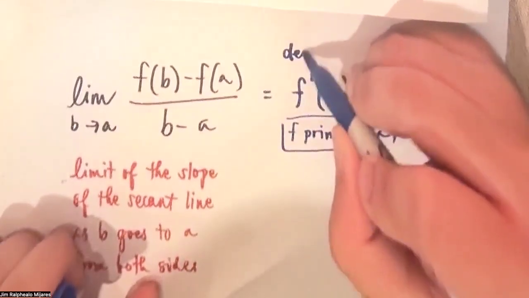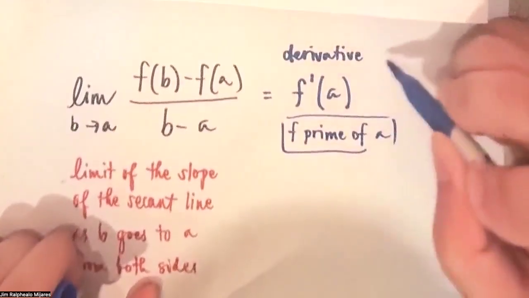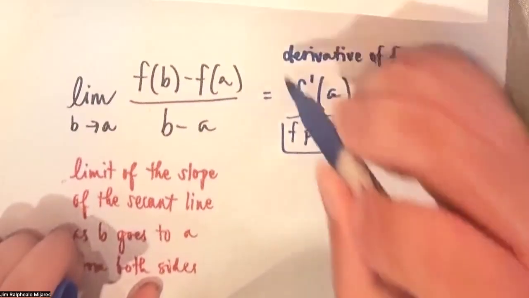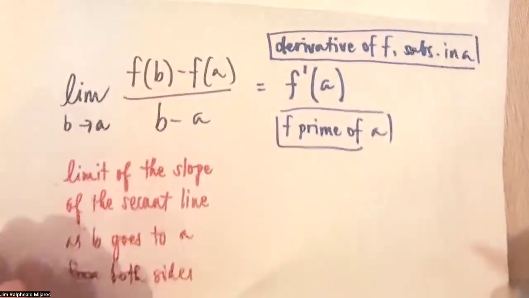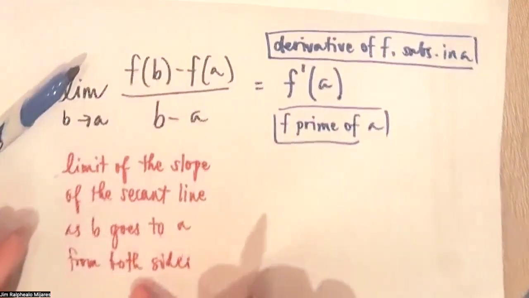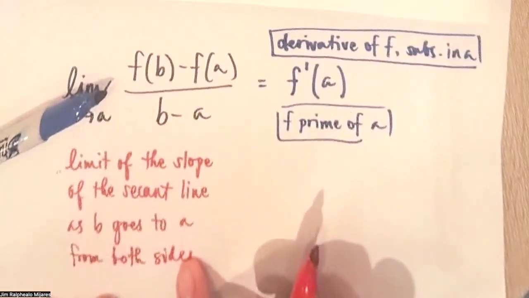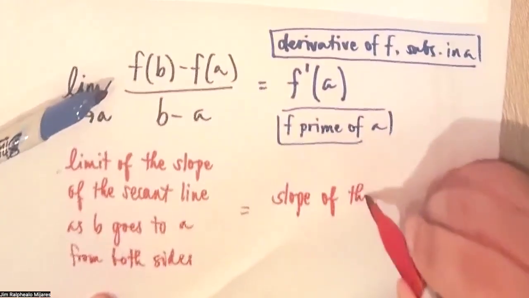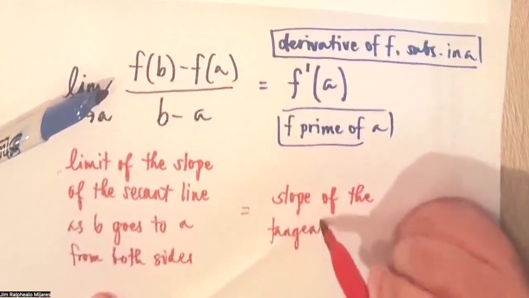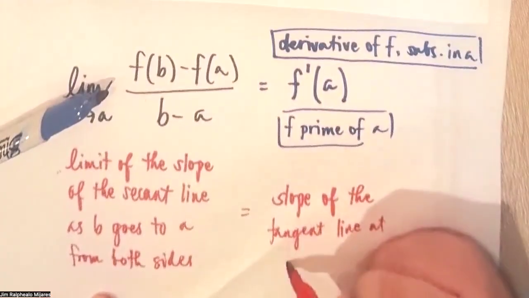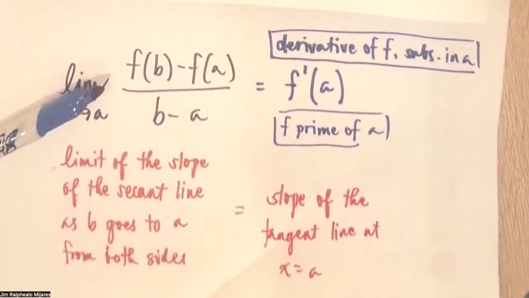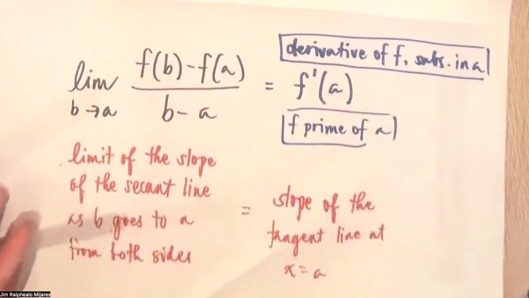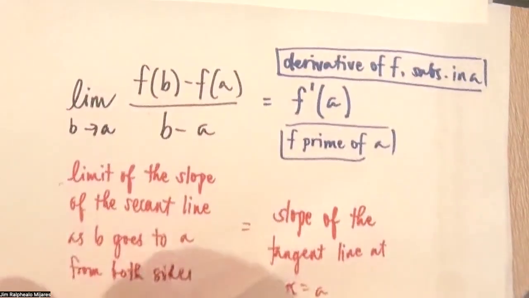This is otherwise known as the derivative of f substituted in A. So the limit of the slope of the secant line as b goes to A from both sides will be equal to the slope of the tangent line at x equals A. This, ladies and gentlemen, is what we call the limit definition of a derivative.